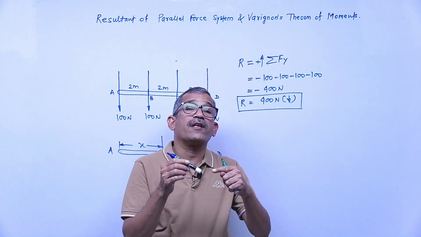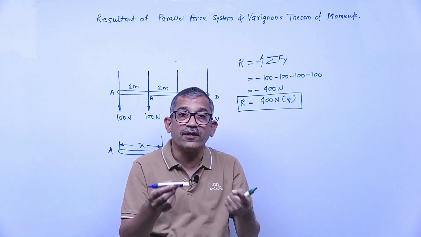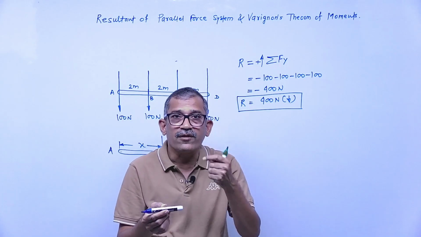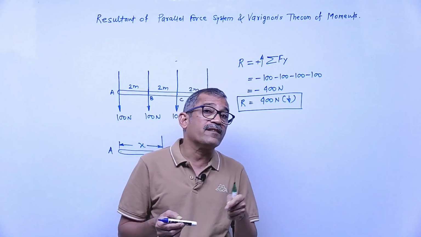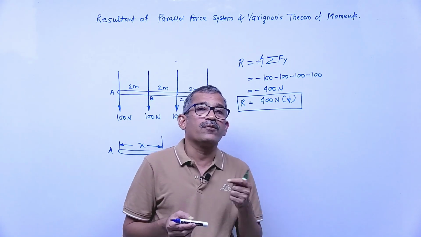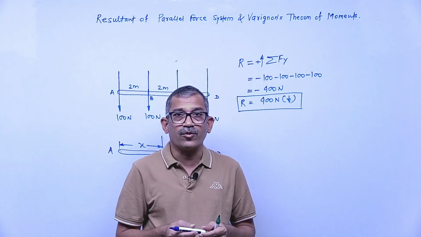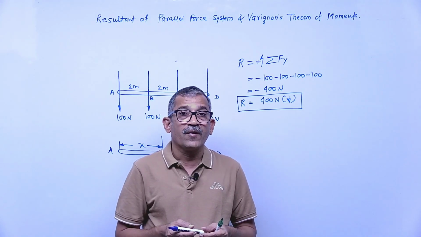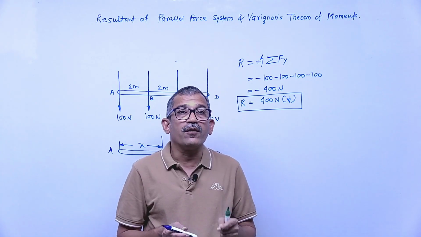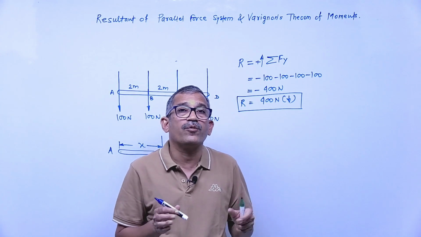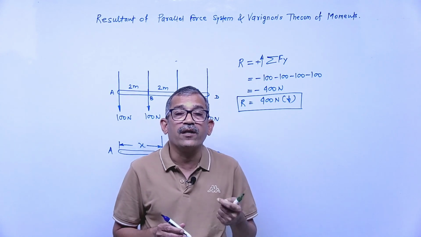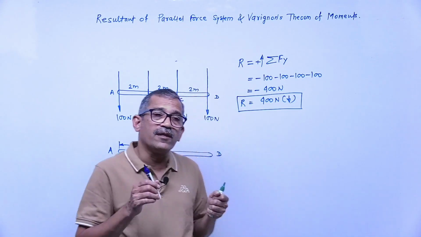The body always translates in the direction of the resultant force. By Newton's second law of motion, when a resultant force acts on a body, the body accelerates, that is, translates in the direction of the resultant force, F equal to ma. The other effect: whenever you get a moment of forces, the body will rotate in the direction of the resultant moment.